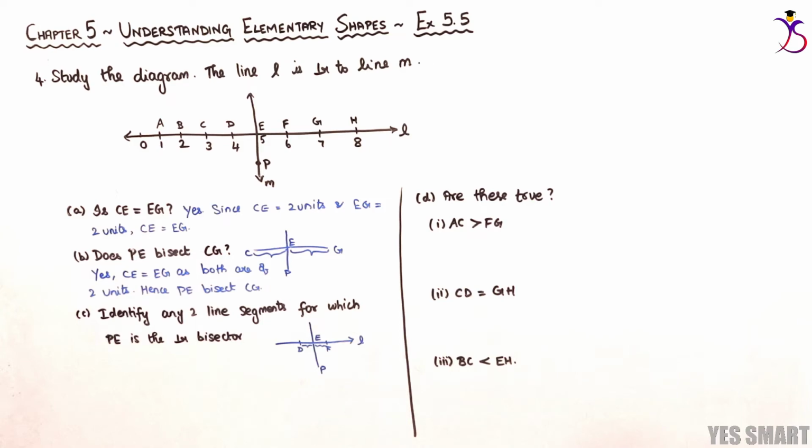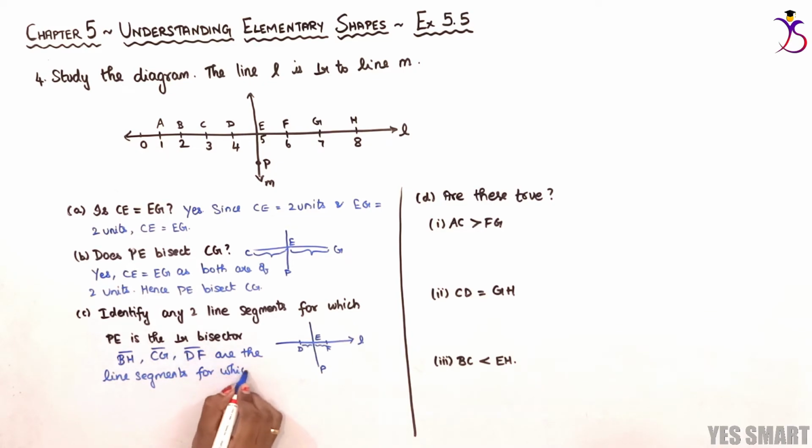The distance between E and H is also 3 units. Therefore, BH, CG, DF are the line segments for which PE is the perpendicular bisector.